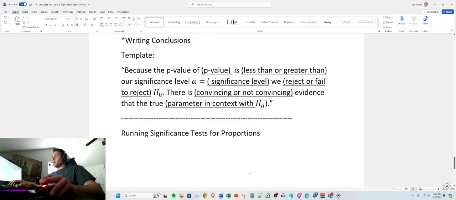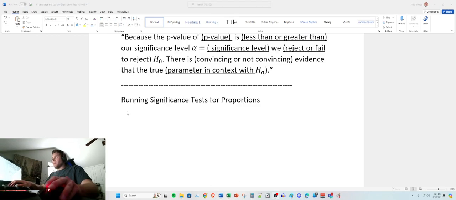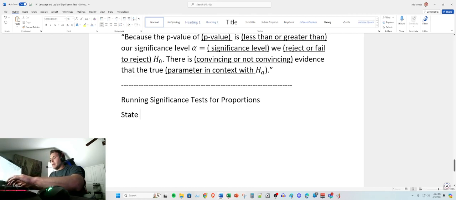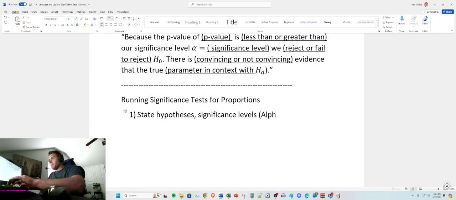We'll also need our Inspires for this, because this is how we're going to show how they got that p-value on the other sheet. Always when you're running these significance tests, let's break this into steps. So one, we state hypotheses, significance level, alpha, by the way, and define the parameter.